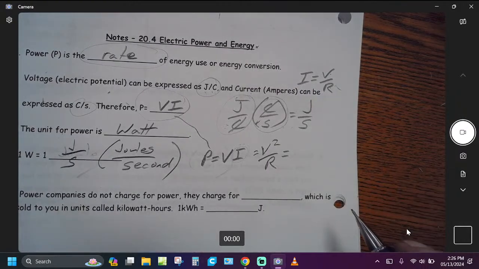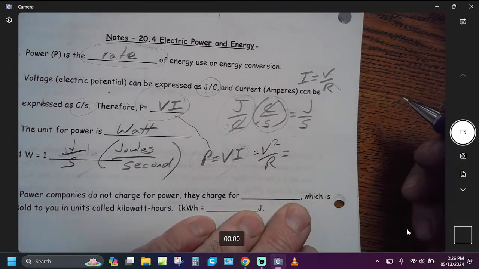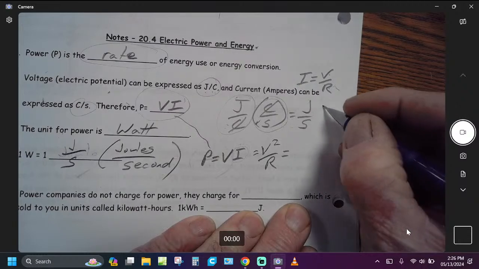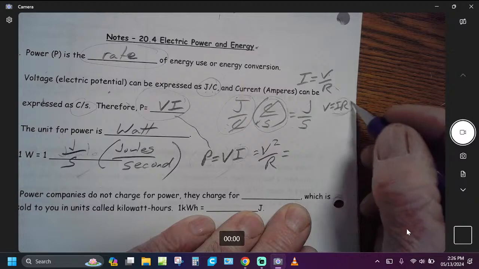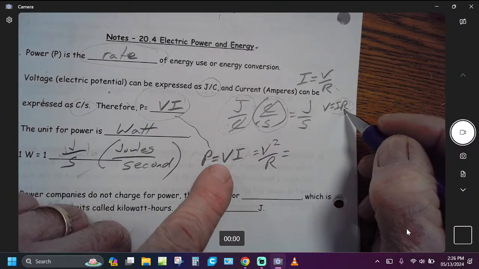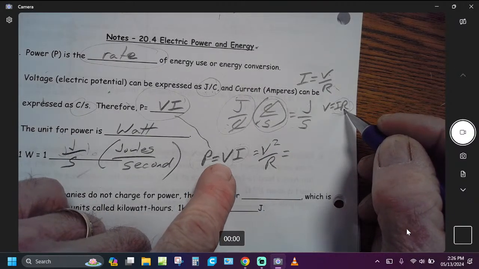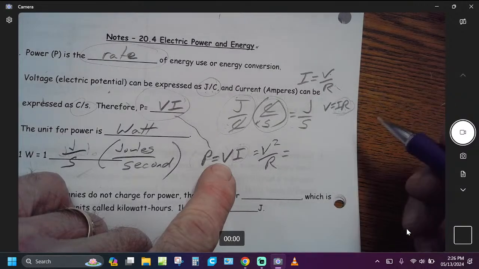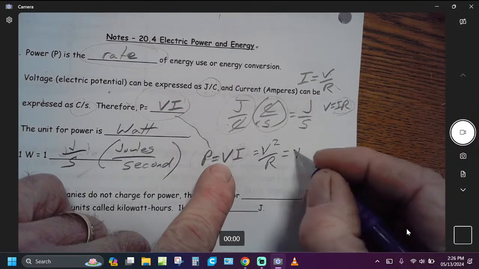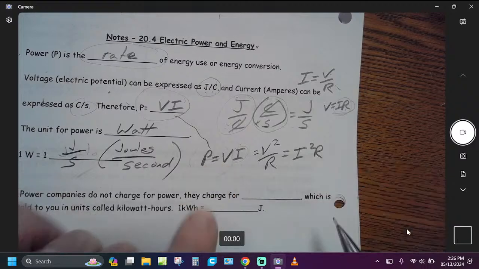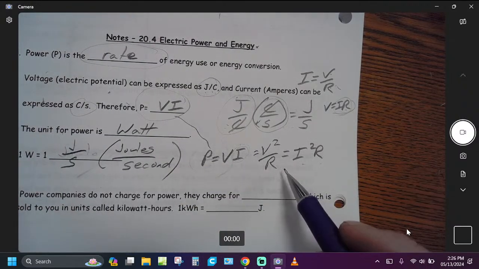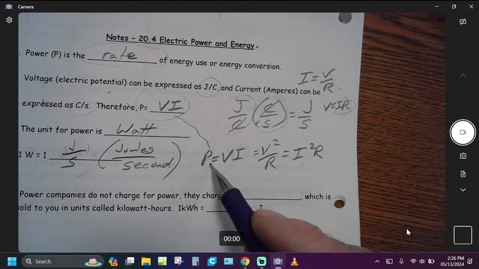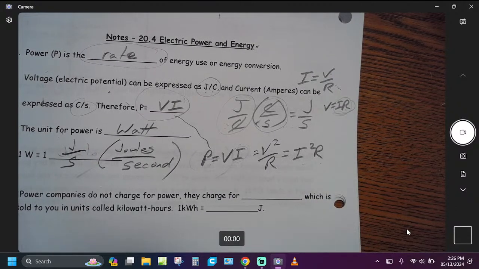And if I rearrange to get V equals IR, and substitute IR in for V, then what do we have? I squared R. Any of those will work. If you have current and resistance, you can get power. If you have voltage and resistance, you can get power. If you have voltage and current, you can get power.